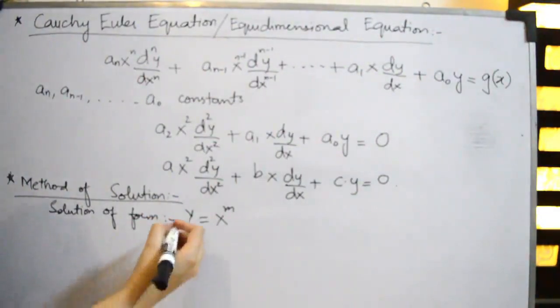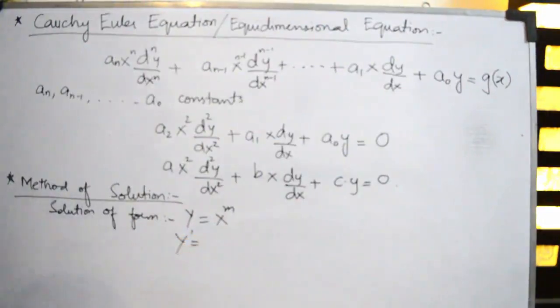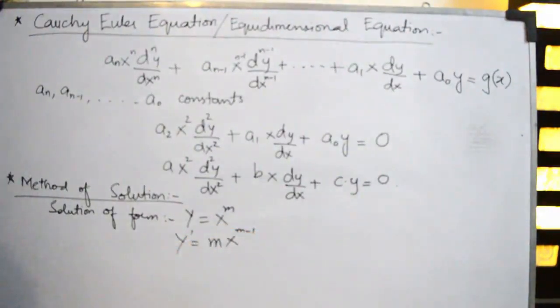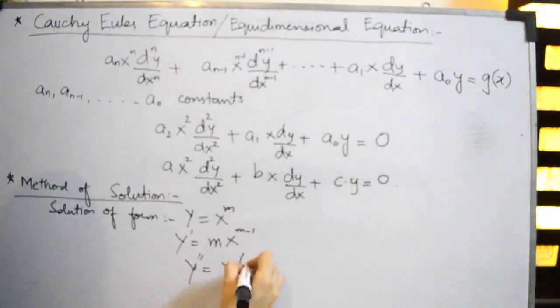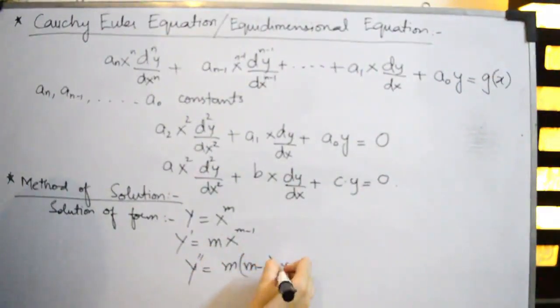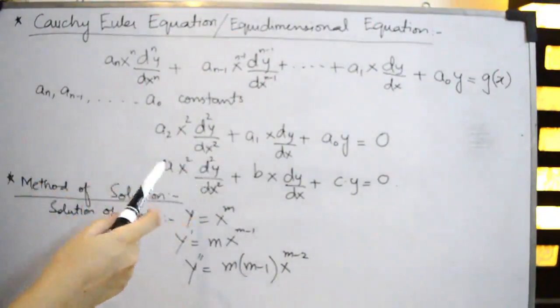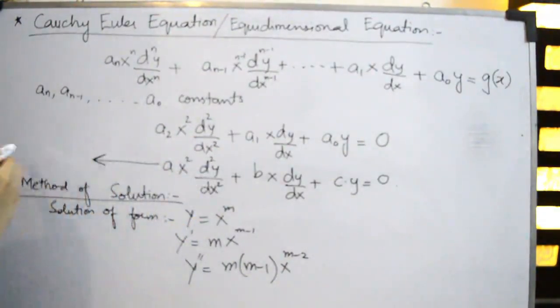So if we take the first derivative, it becomes y' = m x^{m-1}, and the second derivative becomes m(m-1) x^{m-2}. I will substitute the second derivative, first derivative and y in this Cauchy Euler equation of order 2.